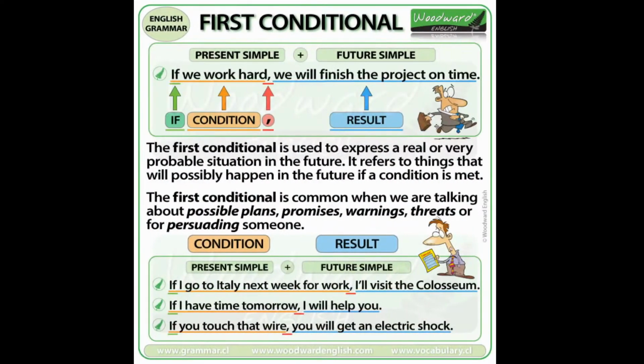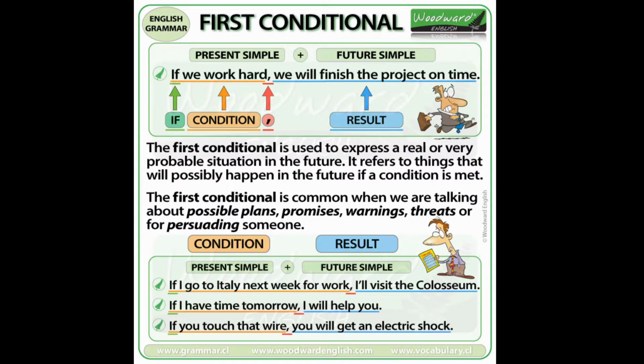Next, we have the first conditional, which is always the if clause plus present simple plus future simple. If we work hard, we will finish the project on time. It's used to express a real or very probable situation in the future. It refers to things that will possibly happen in the future if a condition is met.